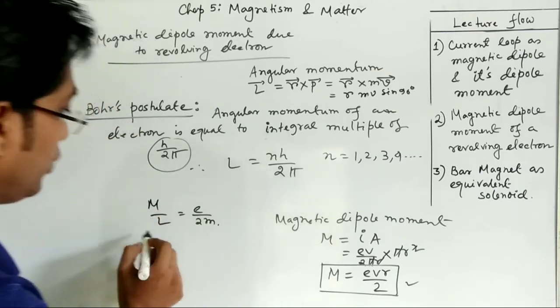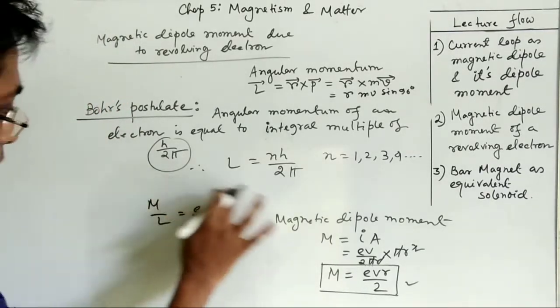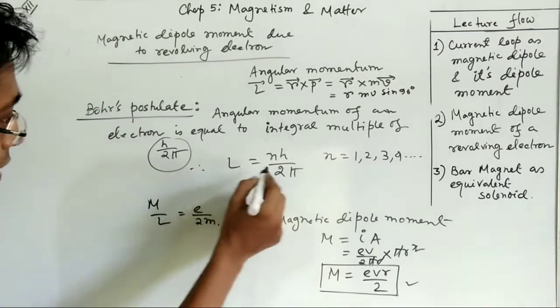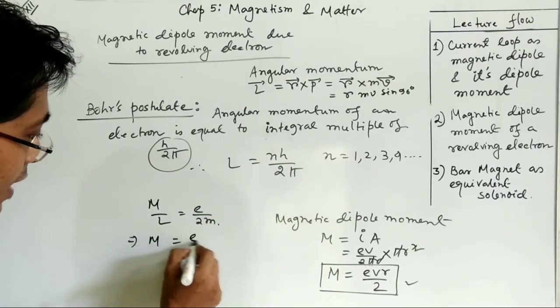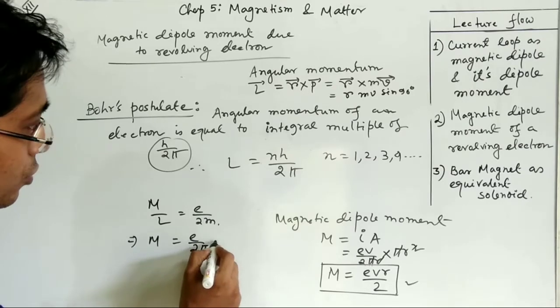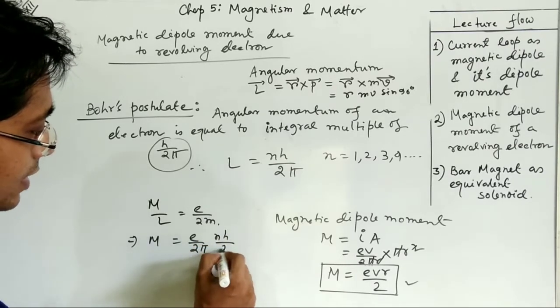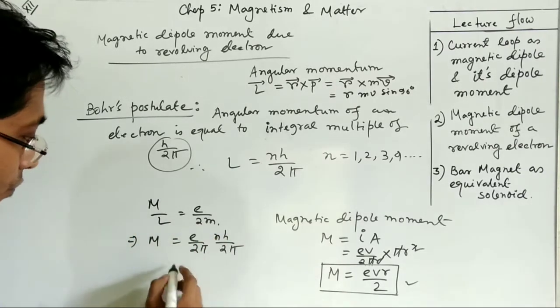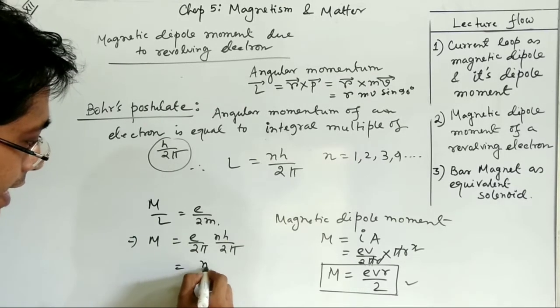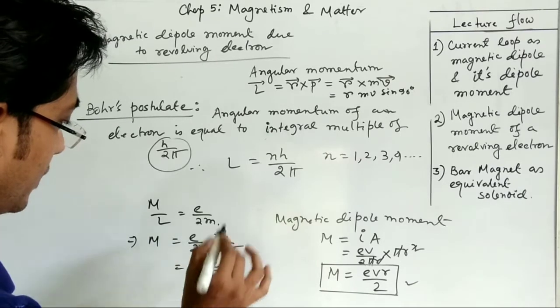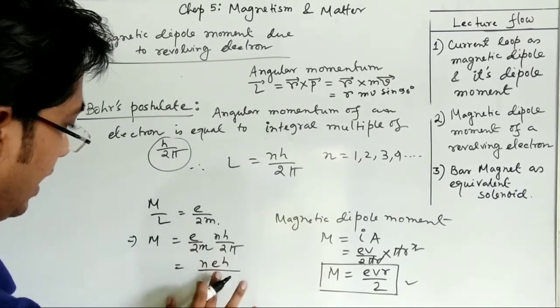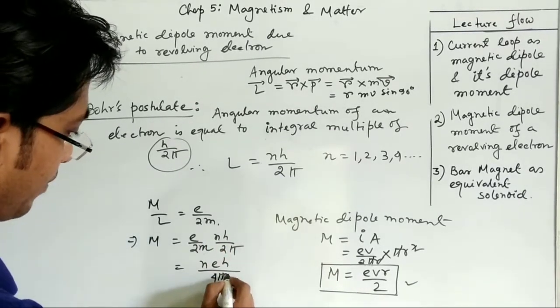So we put the value into the last formula we got. We are putting the value nh by 2 pi here. So m is equal to e by 2m into nh by 2 pi, that is the value of L. So it will be neh by 2m times 2 pi, that is neh by 4 pi m.